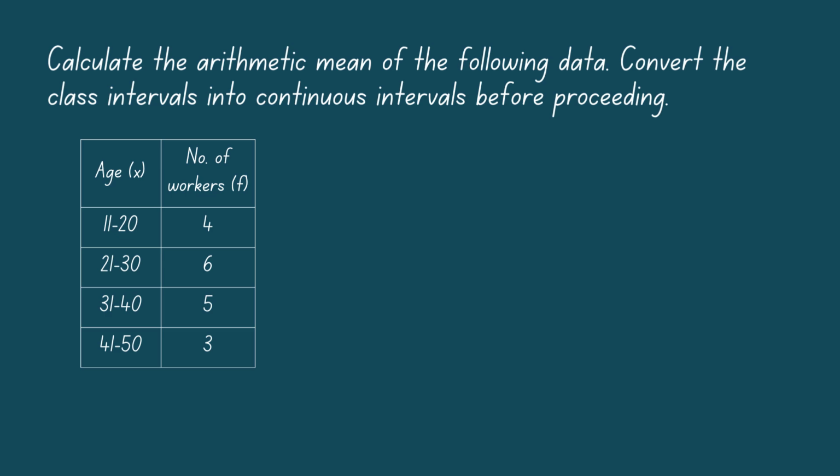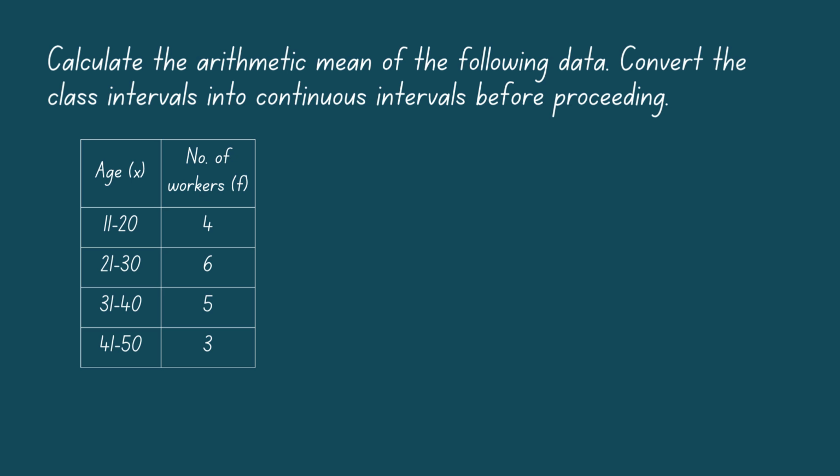Now this is a problem because when we use the formula for the mean, we are assuming that the data within each class is spread continuously. So we need to convert these into continuous class intervals first. Now here is how we do it. We find the gap between the consecutive classes first. Between the first class which ends at 20 and the second class which starts at 21, the gap is 1.